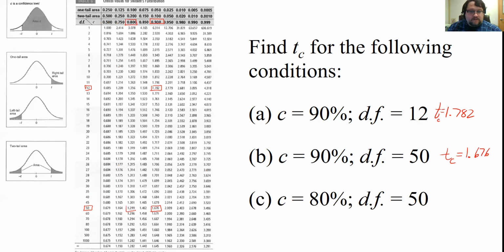So it looks like right there. So our T sub C is 1.299. And notice by reducing our level of confidence, we can reduce the size of our T value pretty substantially, if you're willing to be less confident.